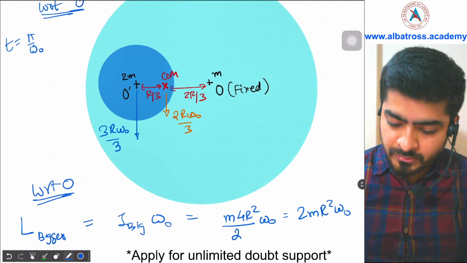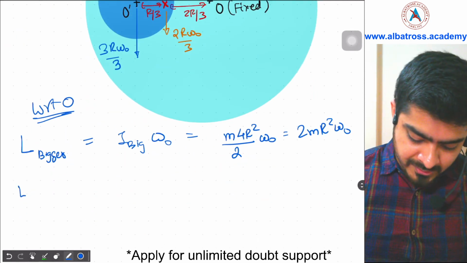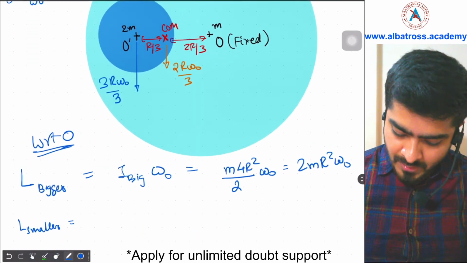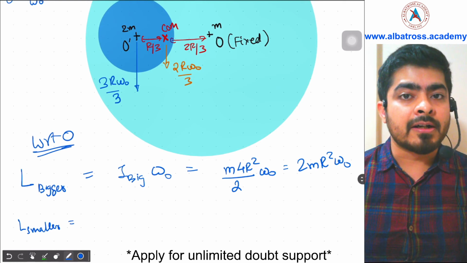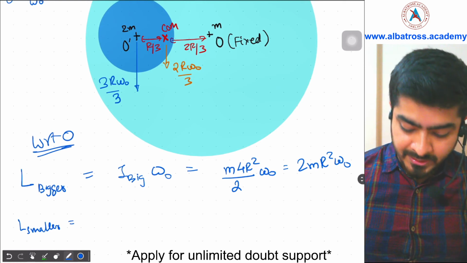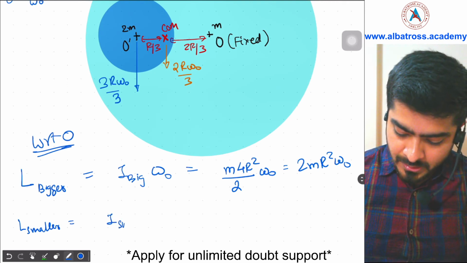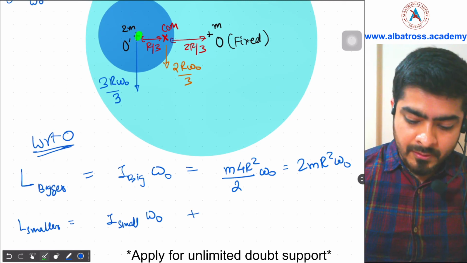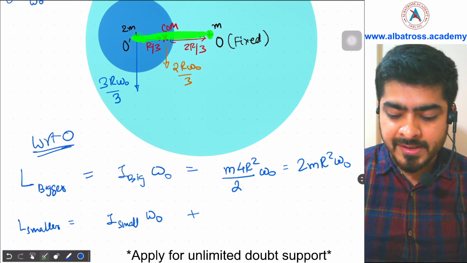Now talking about the smaller disk. For the smaller disk, how do we calculate the angular momentum? First we calculate the angular momentum about the center of the smaller disk, so that will be equal to 2m, I'll write in moment of inertia terms, I small times omega naught, plus we have to find the angular momentum of the center of mass about the point O. The total distance is equal to r.